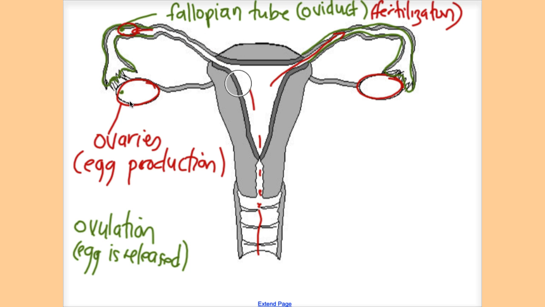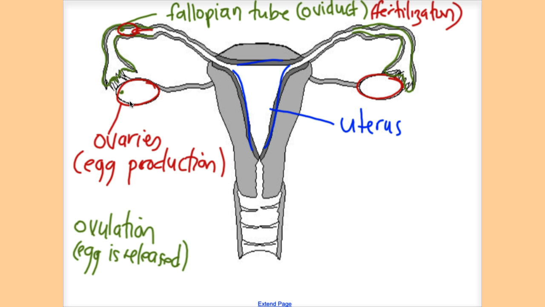I'm just going to take this out, just clean this diagram up a little bit, and we're going to next look at this structure here. Now, this structure is called the uterus. And the uterus plays a very important role in supporting the embryo when it is developing.